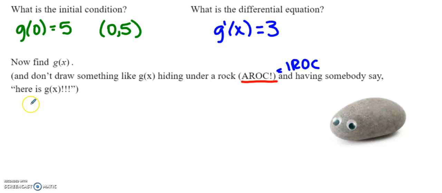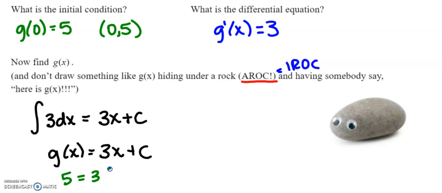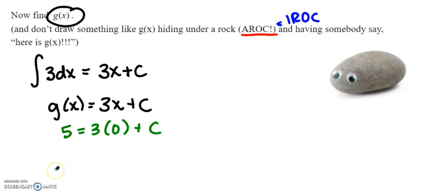So g of x, I'm going to take the antiderivative of 3, which will give me 3x plus c. But then, if that's going to be my g of x, that's my generic antiderivative. I want this antiderivative to go through my initial condition of 0, 5. So I'm going to plug in 0, 5.